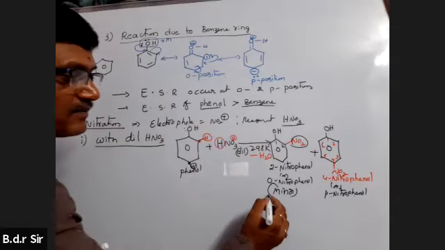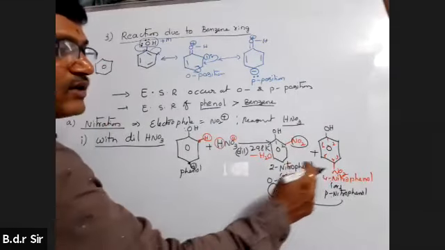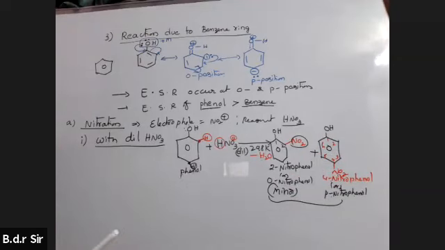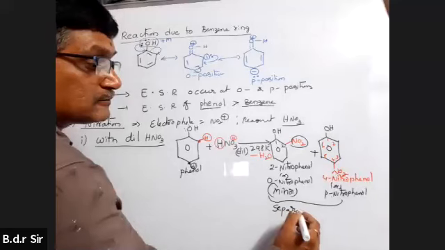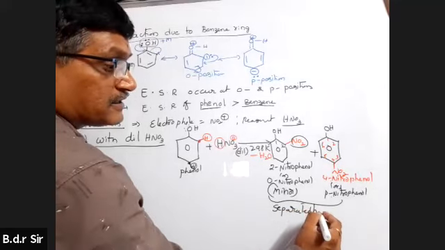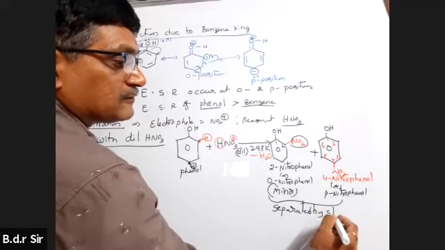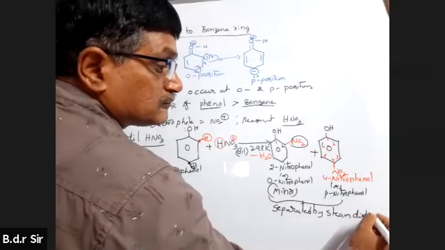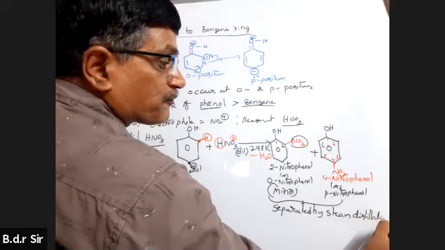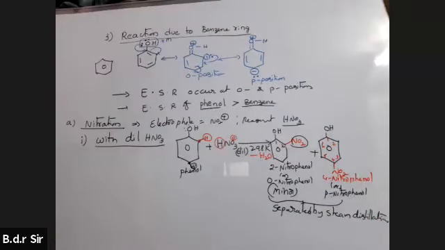Here is an interesting point: orthonitrophenol and para-nitrophenol are both separated by steam distillation. It is important. How, sir?